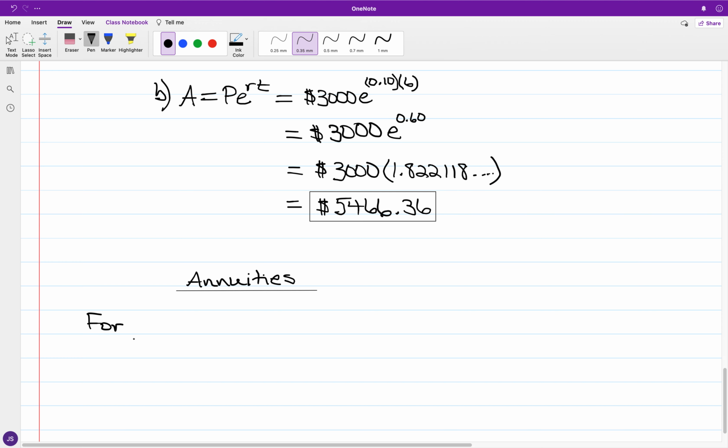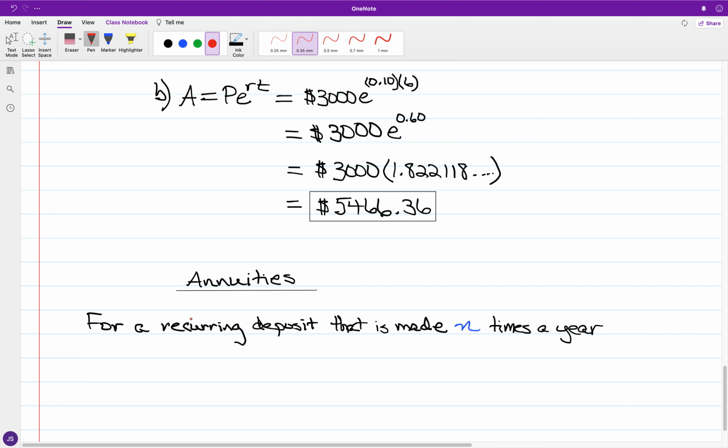Okay, so we have a recurring deposit that is made n times a year, and we'll put stress on this, at the end of each cycle.